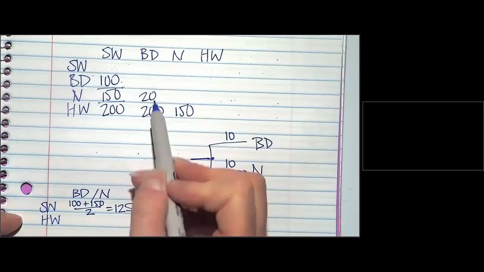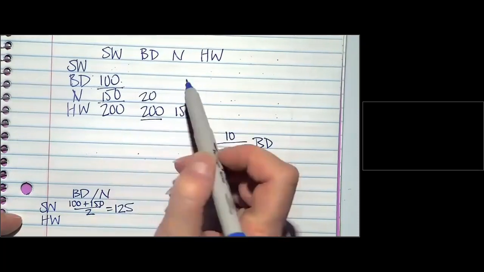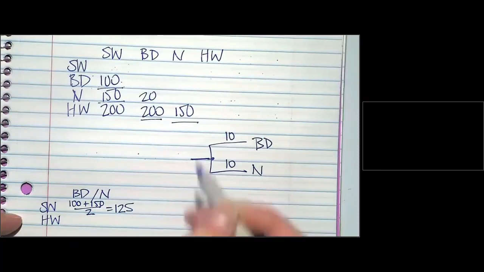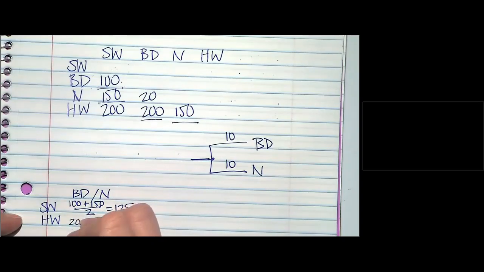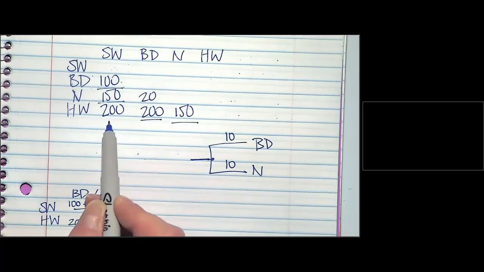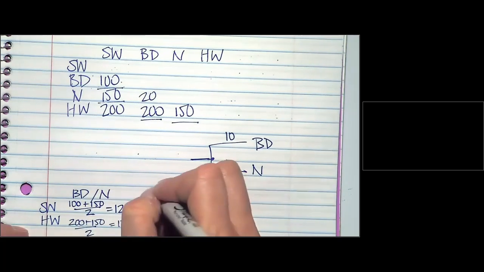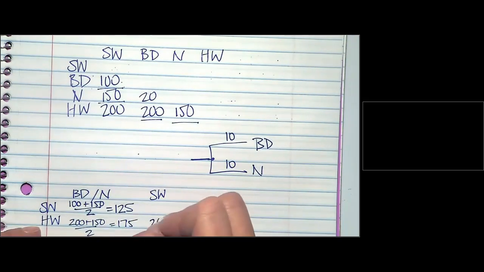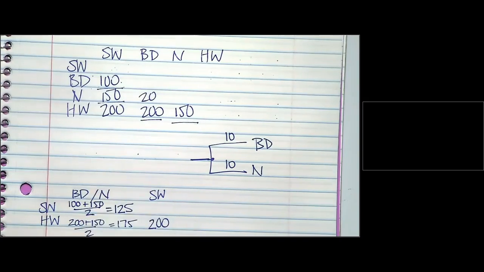Bottlenose dolphin to the humpback whale is 200. Narwhal to the humpback whale is 150. So 200 plus 150 over 2 is 175. But then we also have the humpback whale to the sperm whale, which is how much? That's the same, right? So humpback whale to the sperm whale is still 200.